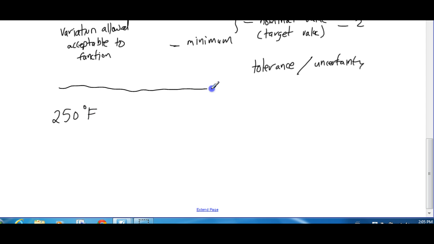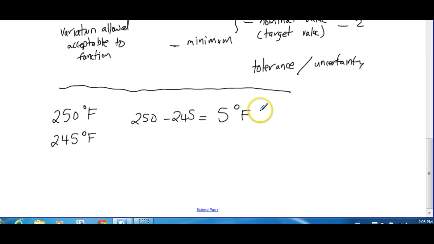Let me just put a little separation here. And a minimum of 245 degrees Fahrenheit. So the tolerance is just the difference between the maximum and the minimum. So the tolerance is just 250 subtract 245, which is equal to 5 degrees Fahrenheit.